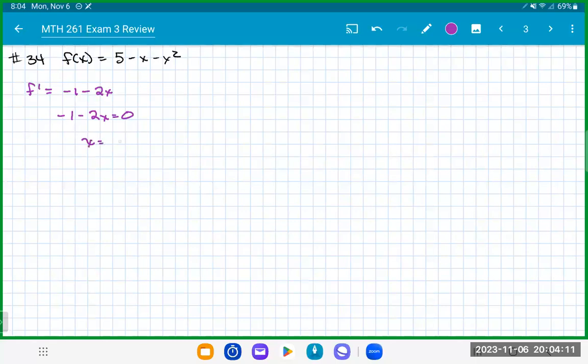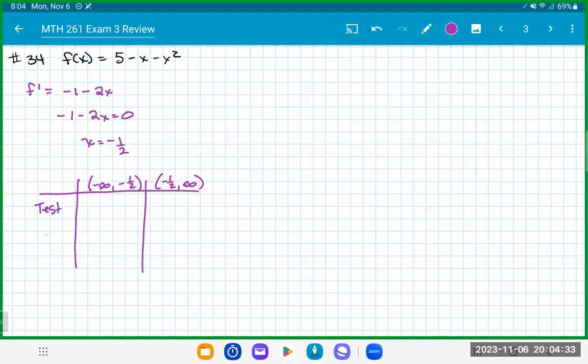So x is equal to -1/2. Okay, so we only have one critical value. So let's go ahead and we have negative infinity to -1/2 and -1/2 to infinity.